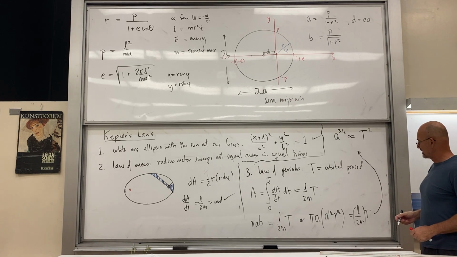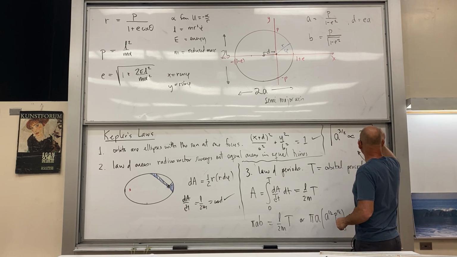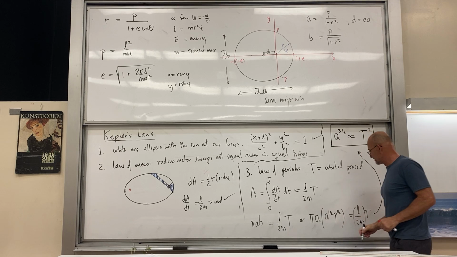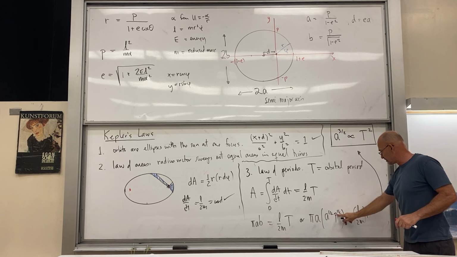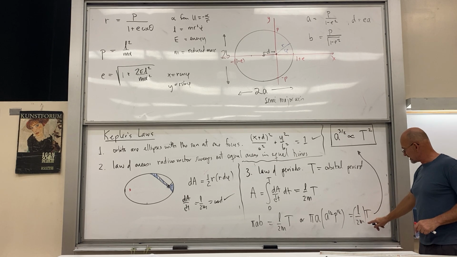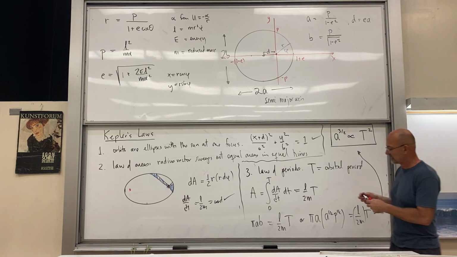I'm going to leave it in this form right here. You can analyze pi and p to the 1/2 further, but we'll leave it there. Okay, that's fine. So these are Kepler's three laws.